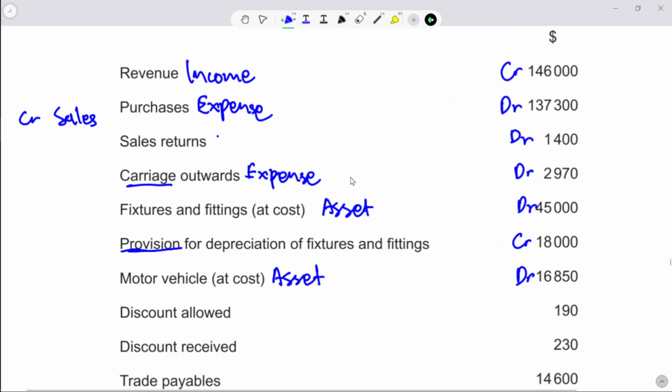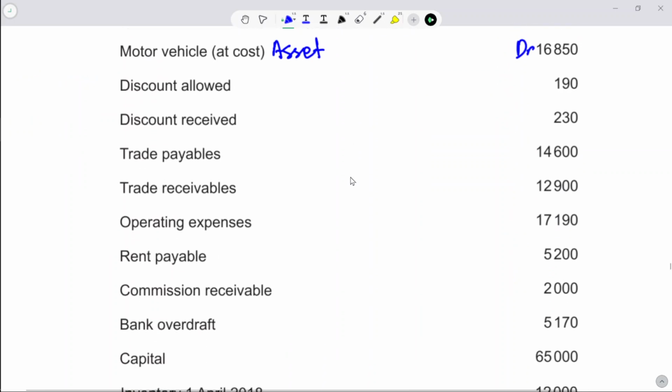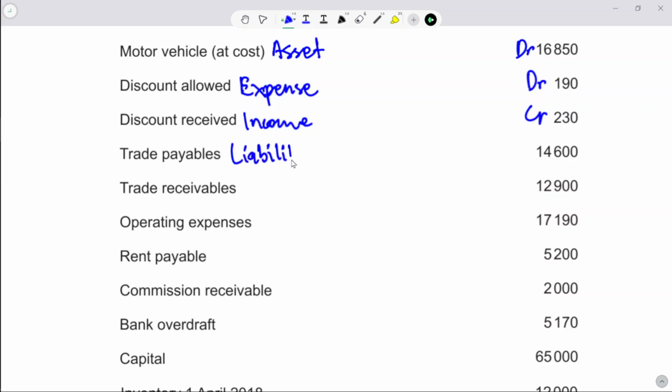You scroll down. Discount allowed is an expense, so we debit. Discount received is income, so credit. Trade payable is a liability, so credit.